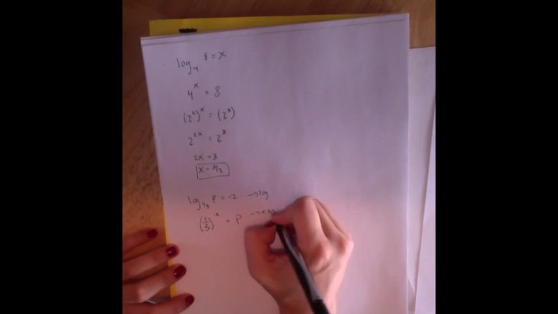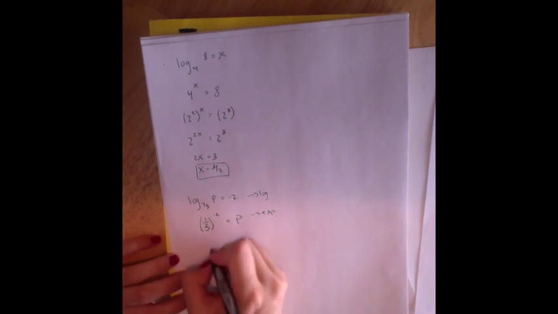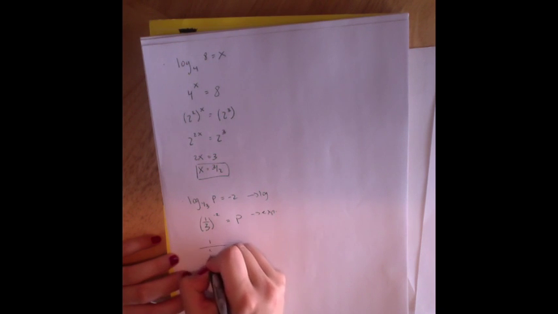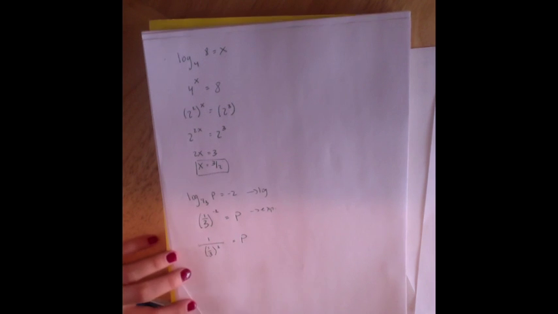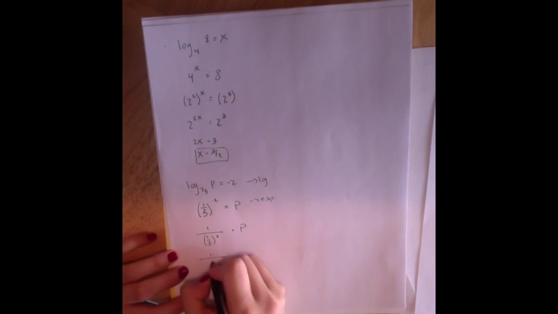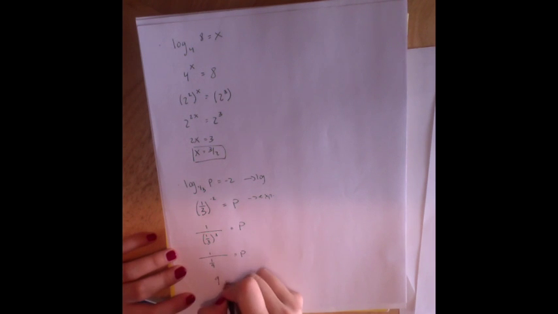Now 1/3 to the negative 2, I write this as 1 over 1/3 squared equals p. And I know that 1/3 squared is 1/9, and 1 over 1/9 is 9. So p is 9. It's just a matter of simplifying, simplifying, simplifying.